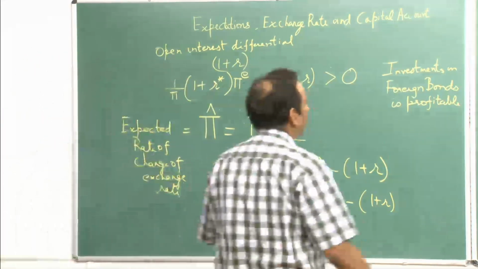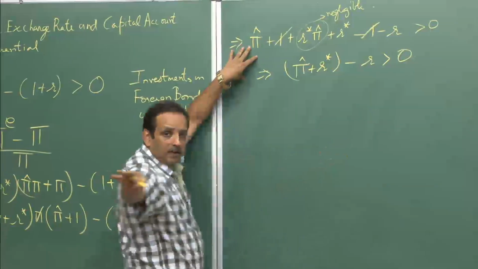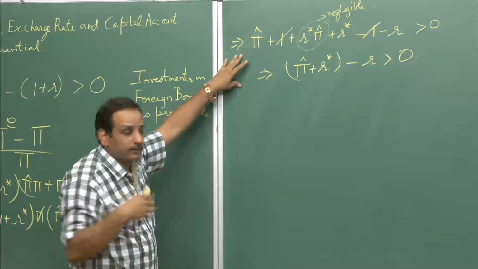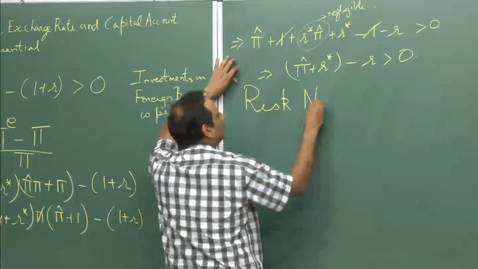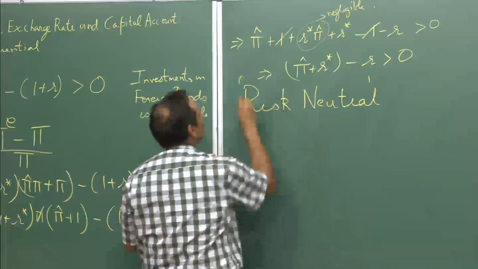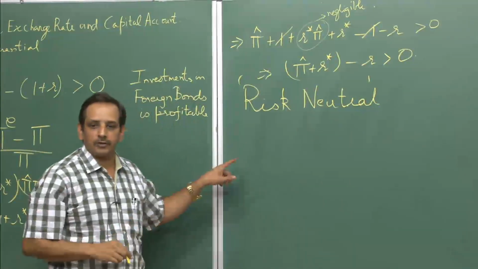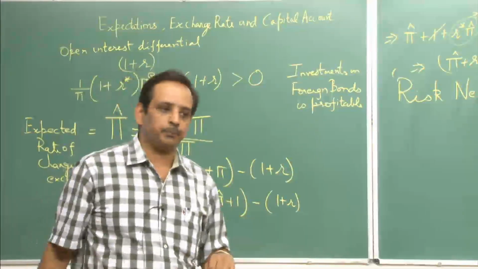So, look at this differential in the wake of all investors and speculators like us being risk neutral. In other words, you consider domestic and foreign bonds as perfectly substitutable.